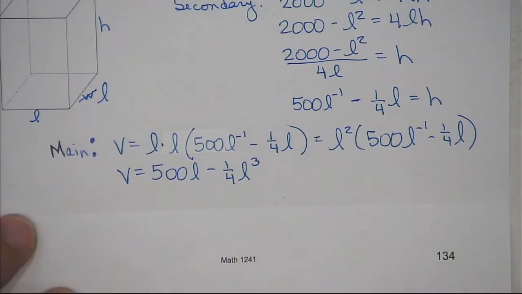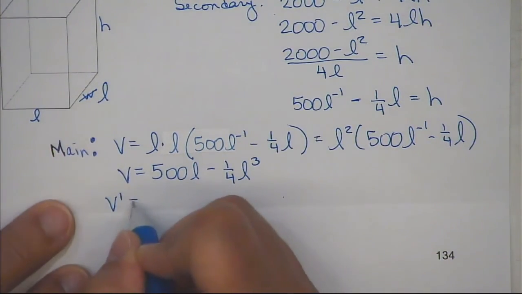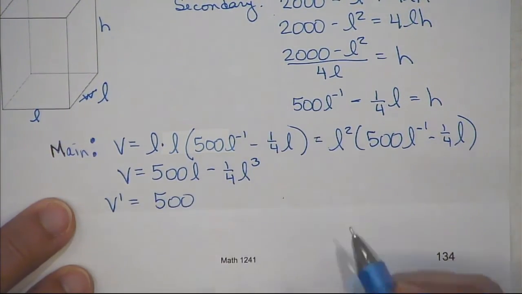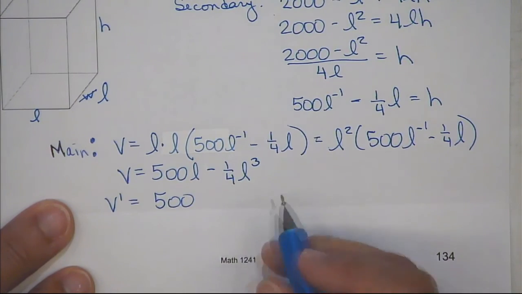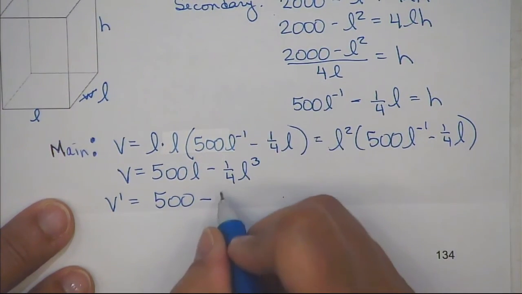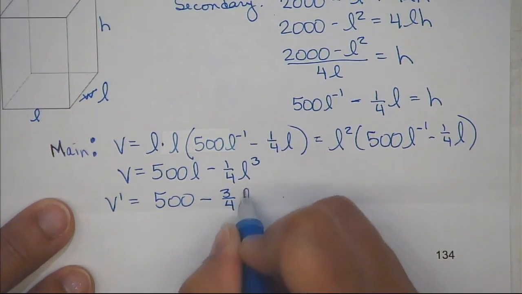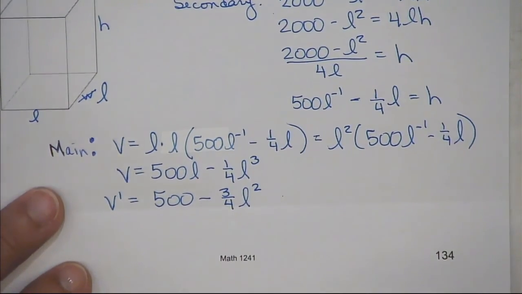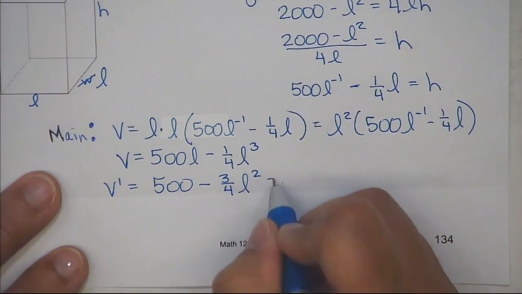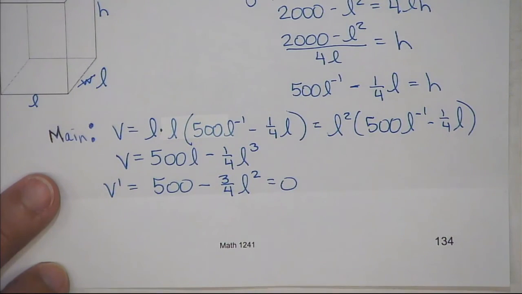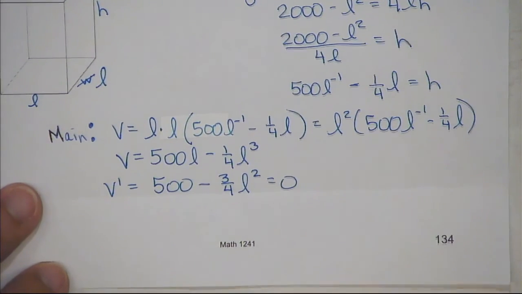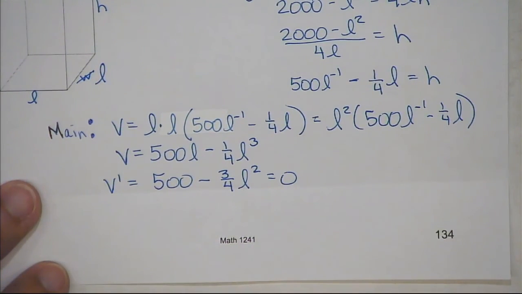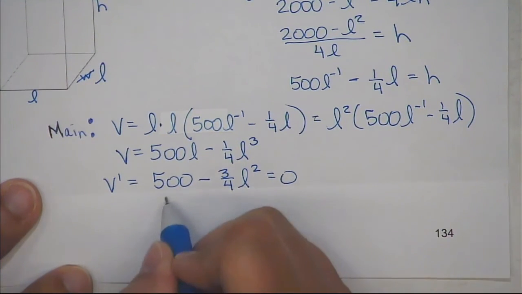All right, so we're going to do the derivative. So V prime. So 500 is the derivative of 500L. And then minus 3 times 1/4, 3/4 L squared. And you're going to set that equal to 0. And we're going to solve that. Okay, so I would move the 3/4 L squared over to the right.